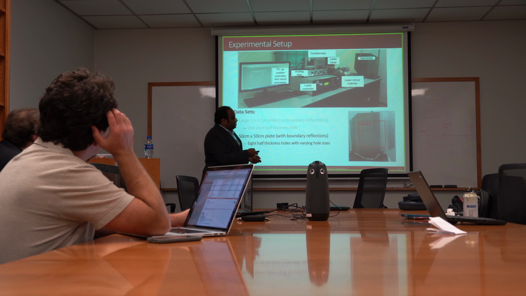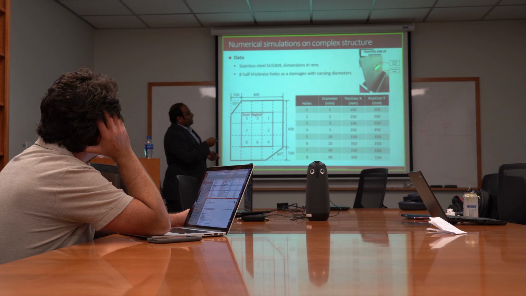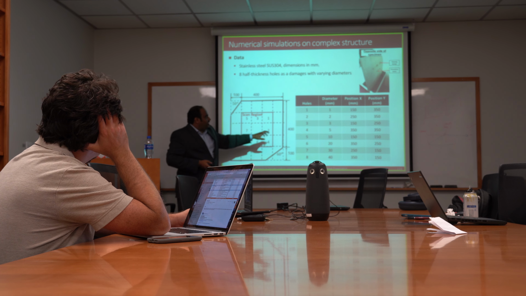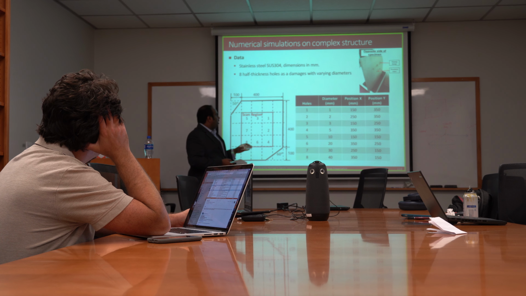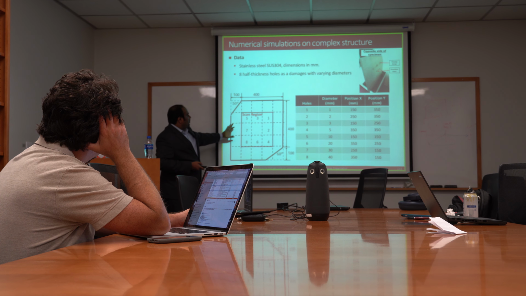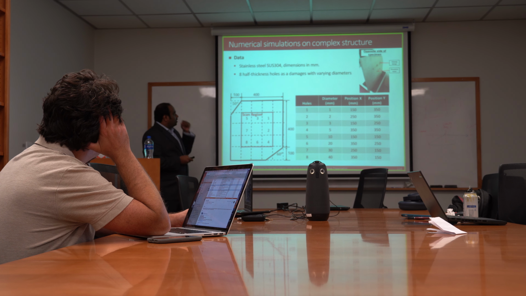And we have a scan region that has 8 different holes on it, varying from 1 mm in diameter to 40 mm in diameter. You can see that the plate is cut at a 50-degree angle here and a 60-degree angle here, basically making it more complex from the edges so that we get more reflections.